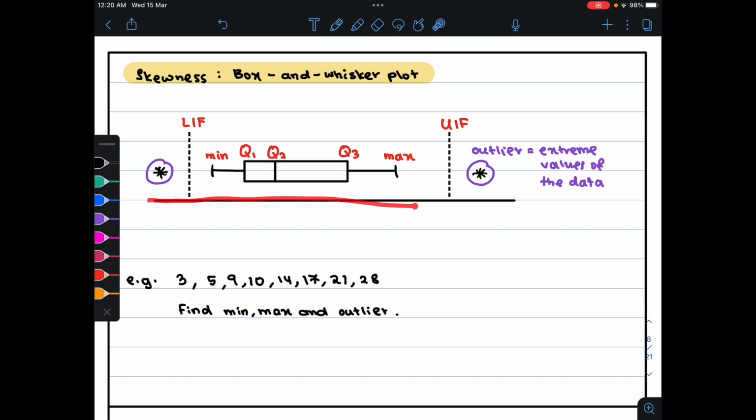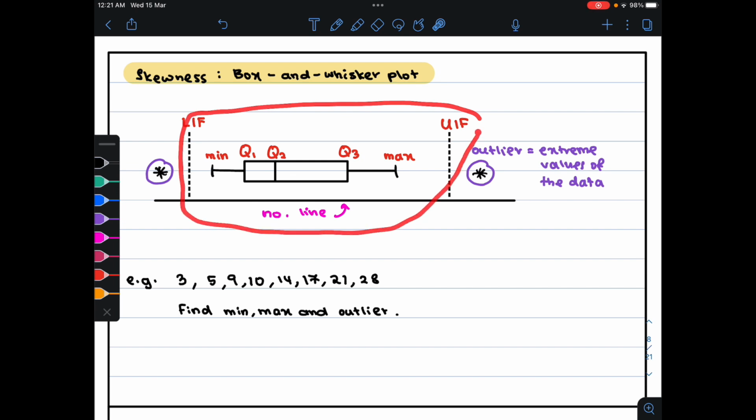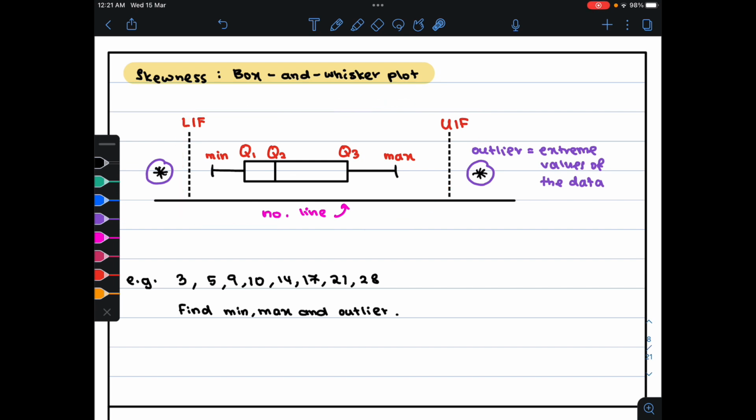And this line right here will tell you the number line. So for box and whisker plot, you need to have all of these things, where everything inside the fence and the fence are compulsory. For the outlier, sometimes you may not have any outlier depending on your data.